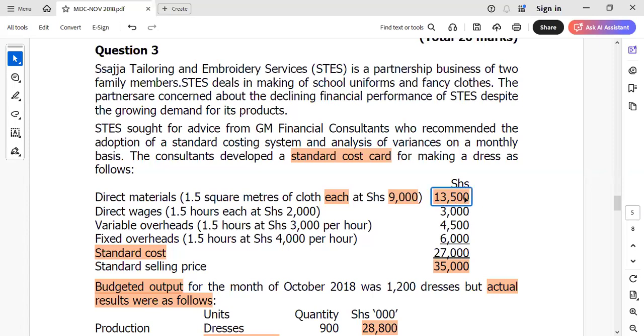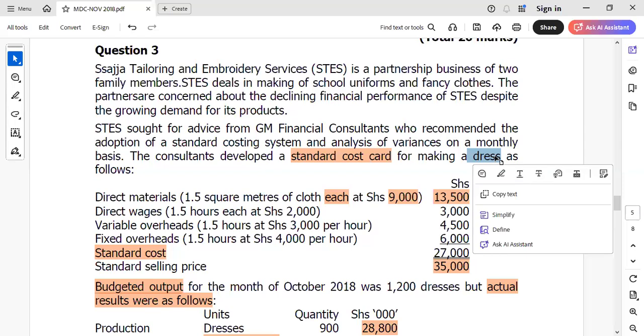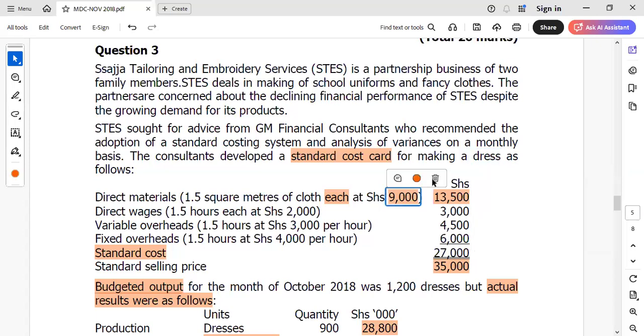But this 9,000 is the material cost per square meter. You want to go to your supplier and buy these square meters of cloth. Don't make that mistake, my friends.